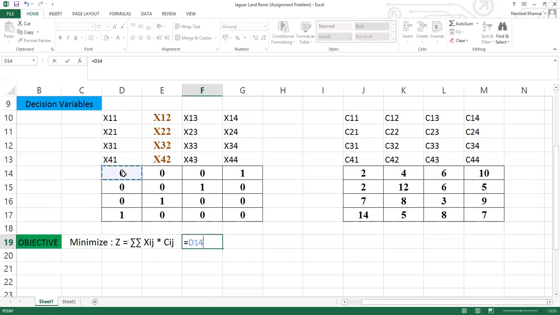So X11 into C11 plus X12 into C12 plus X13 multiplied by C13 plus X14 multiplied by C14 plus X21 multiplied by C21. Similarly, I'm now doing all these things.